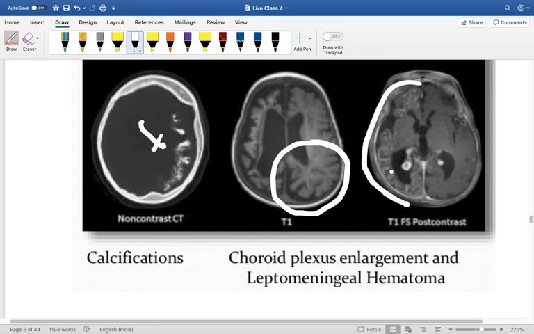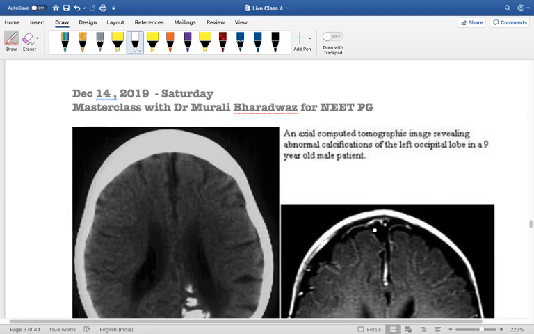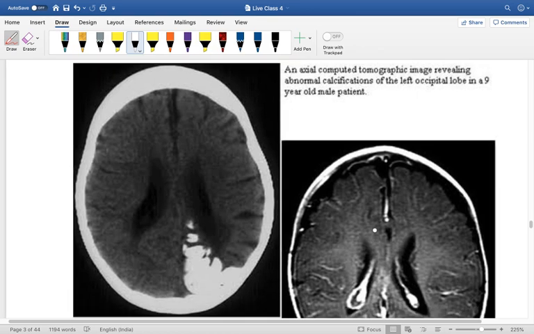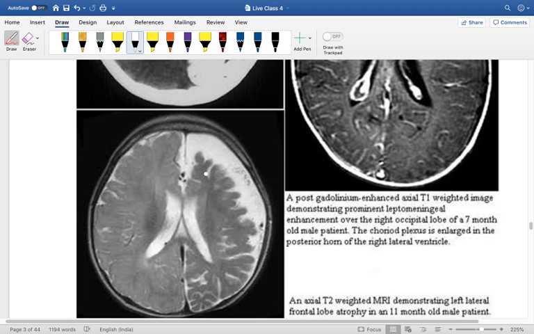Leptomeningeal means arachnoid and pia. So you are able to see a hematoma of the leptomeninges. That is typically Sturge-Weber. In Sturge-Weber, what is this pattern of calcification called?